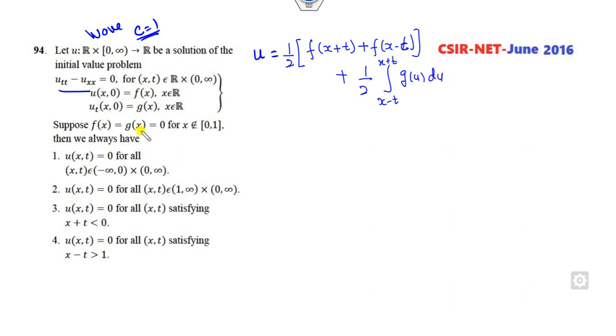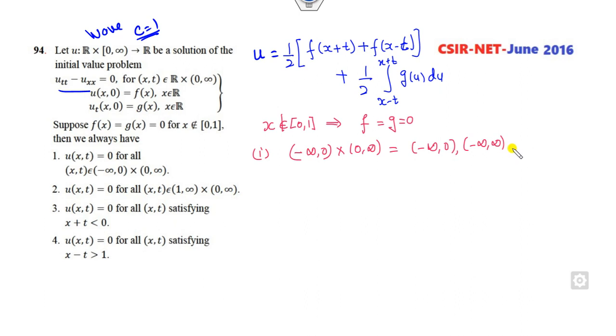Now what is given to you? Whenever x does not belong to (0, 1), then f and g are both 0, otherwise no condition is given. So for the first case, (minus infinity, 0) and (0, infinity), it's a Cartesian product. I can make the pair as here. Fine.